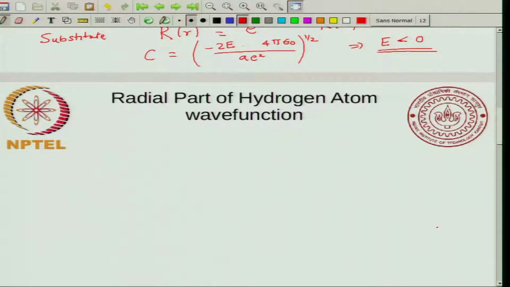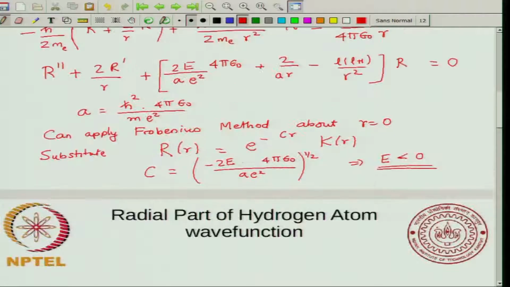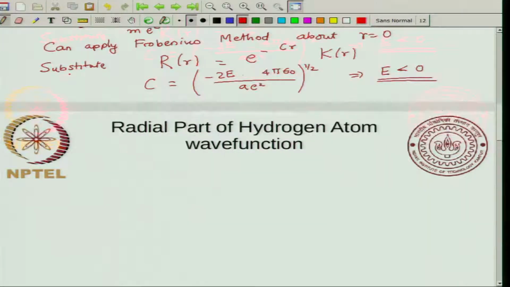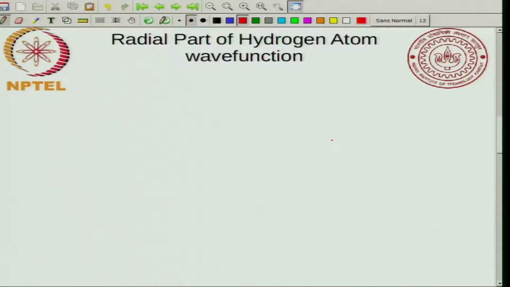So you see this, and when you make this substitution in this differential equation, you will get a differential equation for k. I will just write what that differential equation is. You can actually go ahead and work it out.